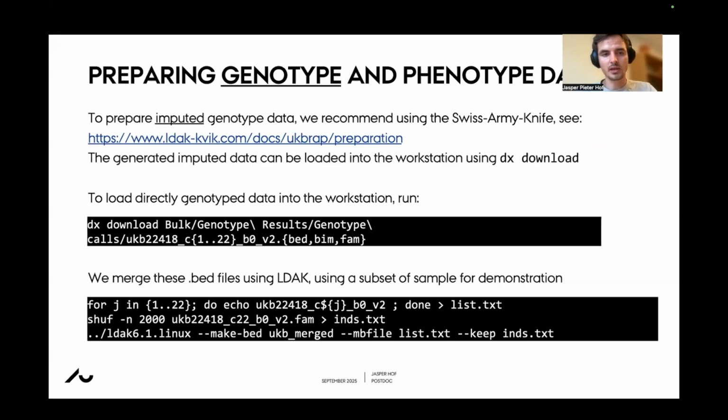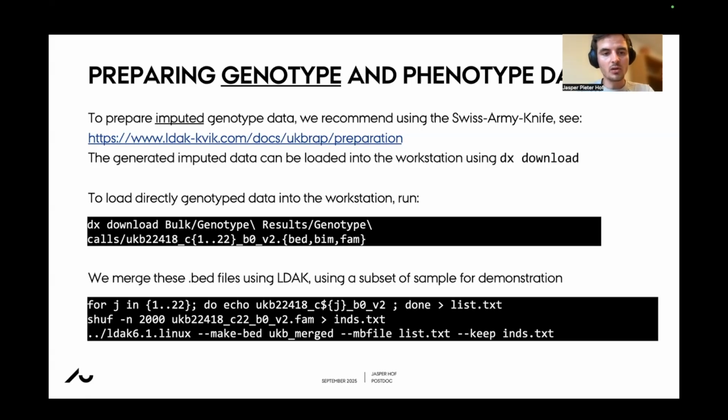Instead, we recommend using the Swiss Army Knife for this, and we've included some documentation on the LDAK-KVIK website. During this tutorial, we'll just be working with directly genotyped data for the purpose of demonstrating LDAK-KVIK.